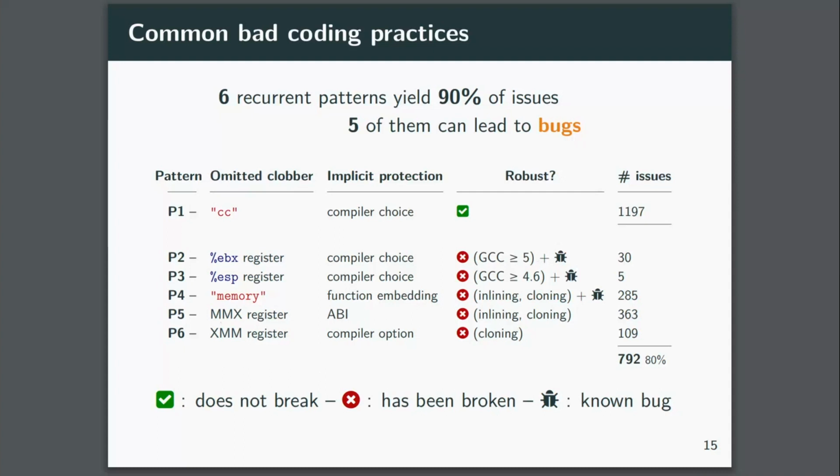So for instance, if we just take an assembly chunk we found in some project and say, oh, it worked for this one, so I could just copy it into my project and it will work, we were able to break it and to produce a compilation bug with this pattern. And of course, there are also the bugs that we already found in the GitHub histories of the different packages we analyzed.